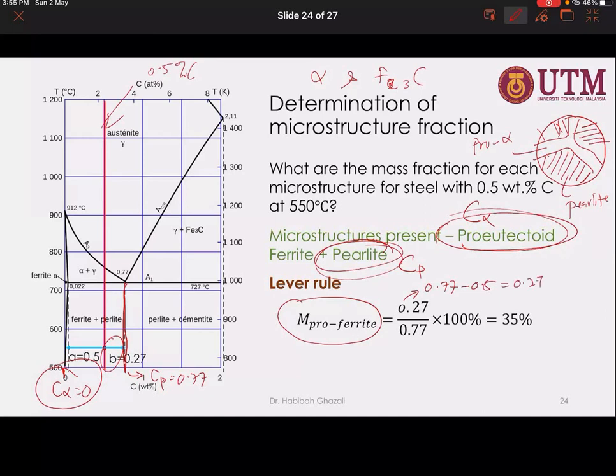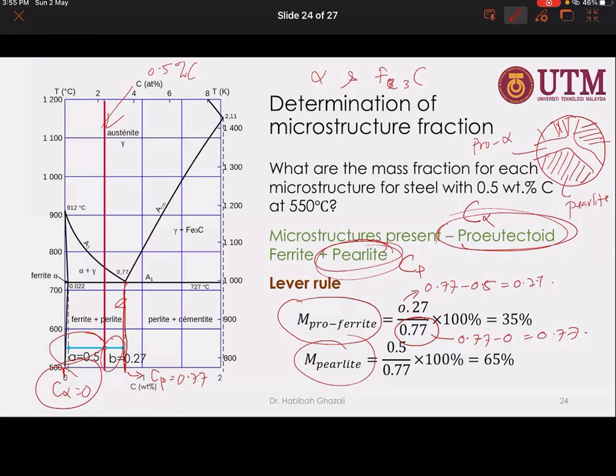And 0.77 comes from 0.77 minus 0, which is equal to 0.77. For pearlite, which is on the right side, you take the length of A: 0.5 minus 0 over 0.77 minus 0. Or you can also calculate it as 100% minus the fraction of alpha, which is 100 minus 35%, and you get 65%.